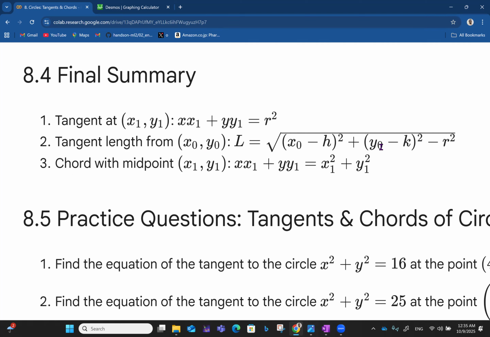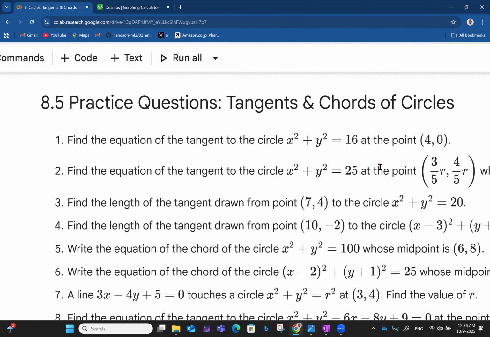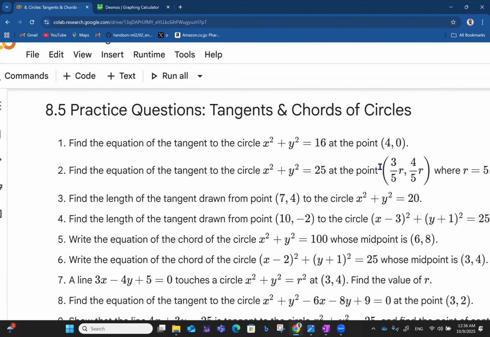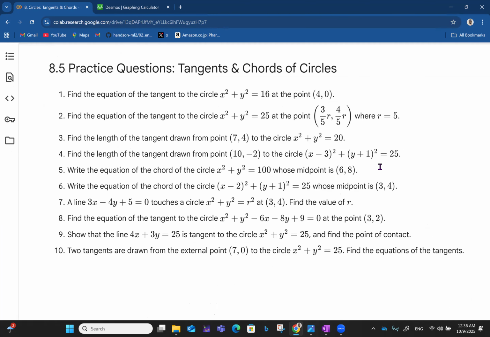If the center of the circle is at the origin, that'll just be the square root of x0 squared plus y0 squared minus r squared. If you want the equation of a chord with midpoint x1, y1, you have xx1 plus yy1 equals x1 squared plus y1 squared. We can then talk about some practice questions which you can try your hands on.